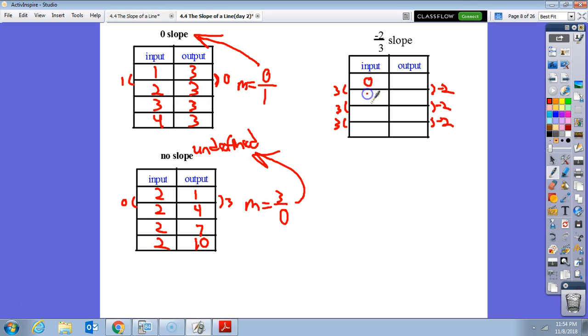That means the next one would be 3, 6, 9. If you start with 0 here, down 2 would be negative 2, down 2 would be negative 4, down 2 would be negative 6. You just made down 2 over 3 for your slope. And if you drew this line, it would be going down 2 spaces over 3.